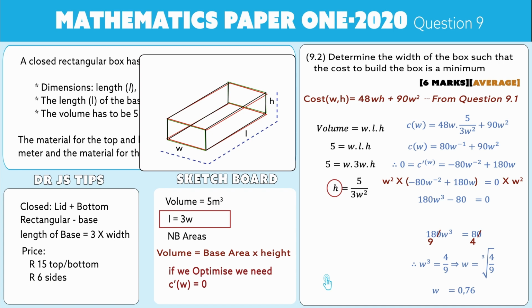We got an expression that we could use in our cost function to get rid of the H. Once we did that, we prepared it for the derivative, found the derivative, solved it equal to 0, and that gave us the result. So make sure that you are prepared for one of these. This one was for a total of 10 marks.